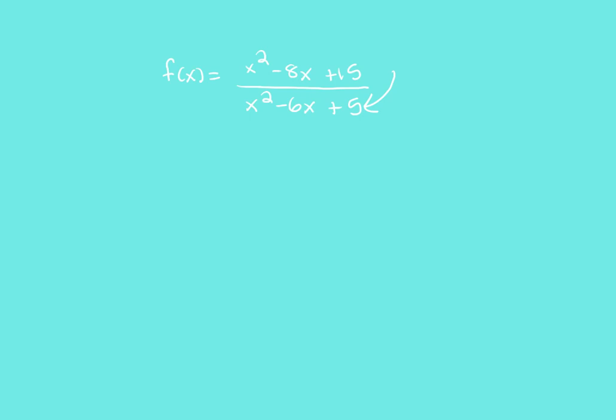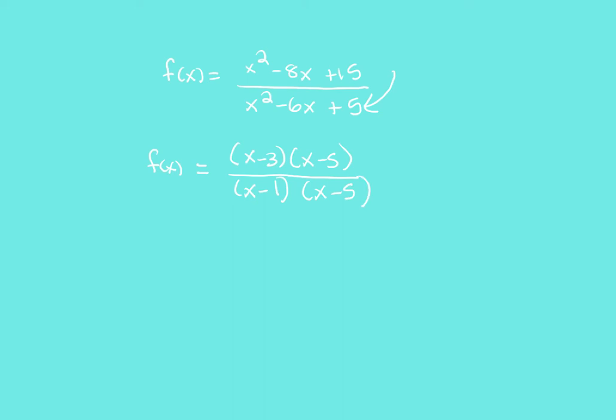And what we're going to do is factor the top and the bottom. So this will be f of x equals, the top factors to x minus 3, x minus 5. And the denominator factors to x minus 1, x minus 5.